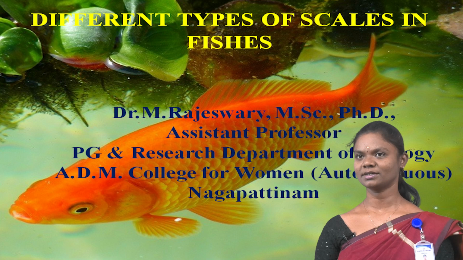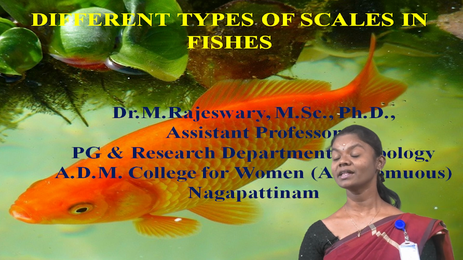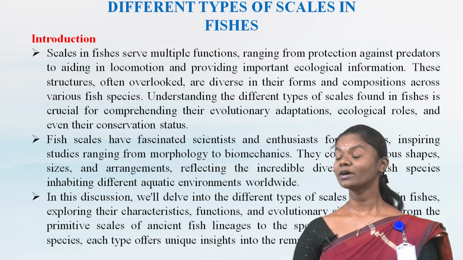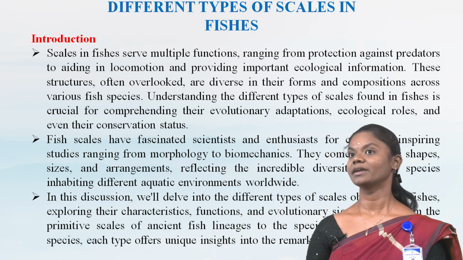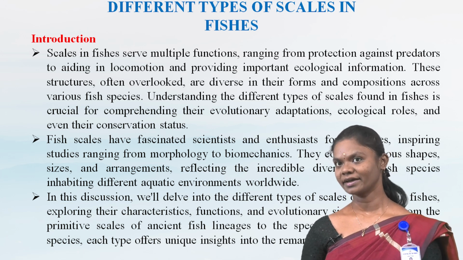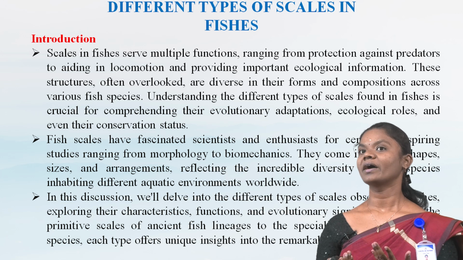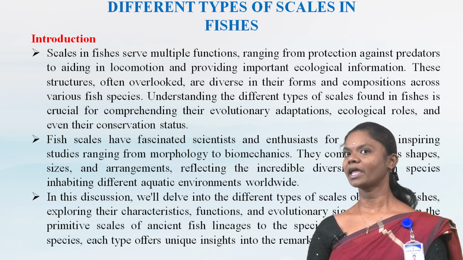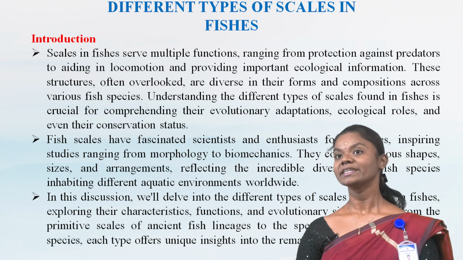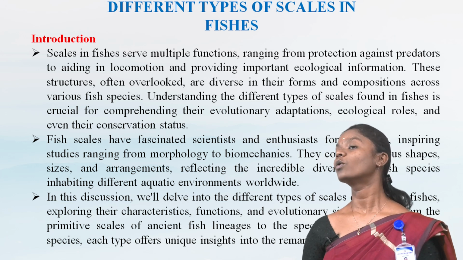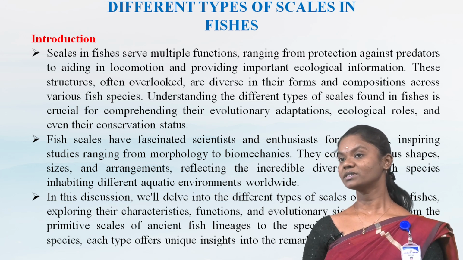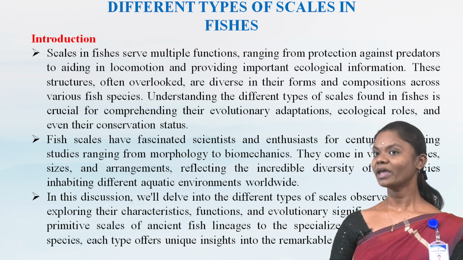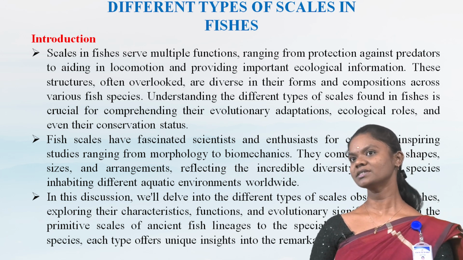Today we are discussing different types of scales in fishes. Introduction. The scales in fishes serve multiple functions, ranging from protection against predators to aiding in locomotion and providing important ecological information. This structure is often overlooked, yet diverse in its forms and composition across various fish species.